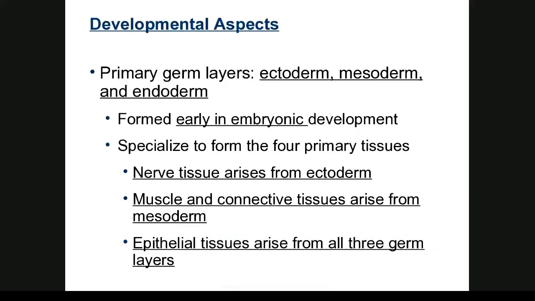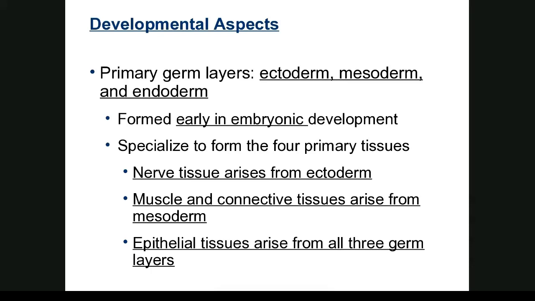Okay, developmental aspects of epithelium. In the embryo, it starts off as a little single-celled organism, which is a zygote, the fusion of the nuclei of the egg and sperm. Now you have your new organism called a zygote.